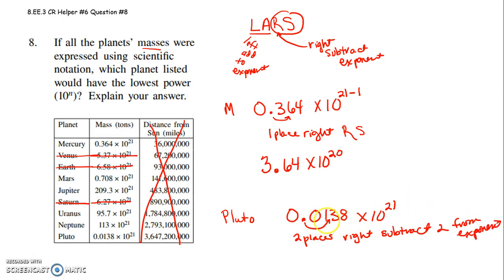So if I have to move this 2 places to the right, I subtract 2 from the exponent. So this becomes 1.38 times 10 to the 21 minus 2 is 19. So now that exponent is 19. So I have to tell you this one in scientific notation, 1.38 times 10 to the 19th, looks like it probably will have the lowest power.